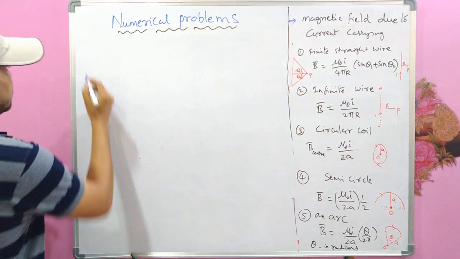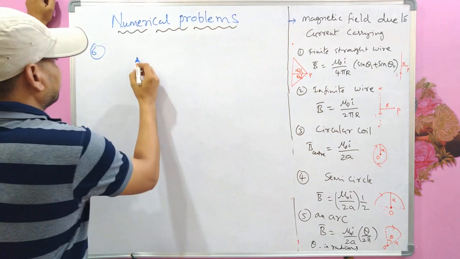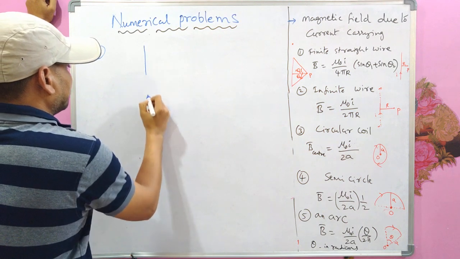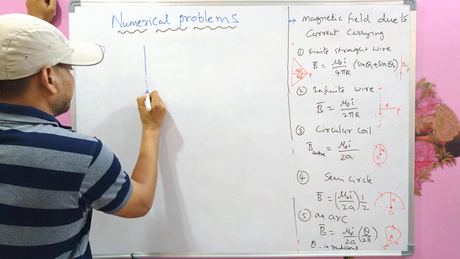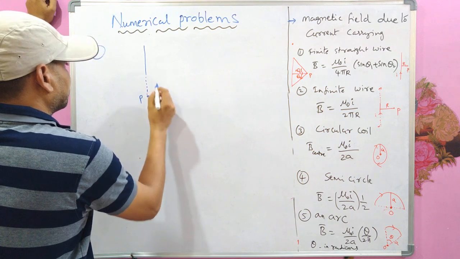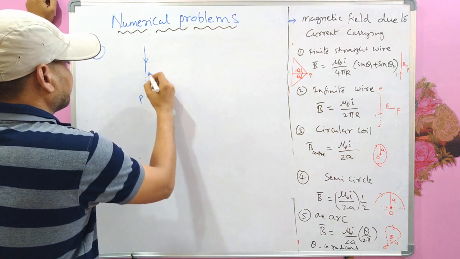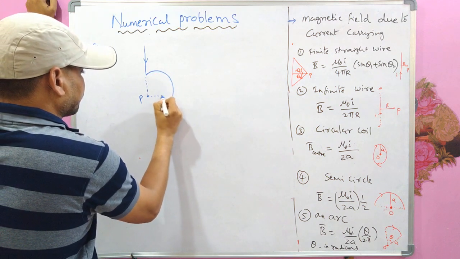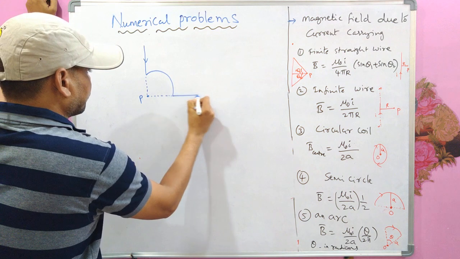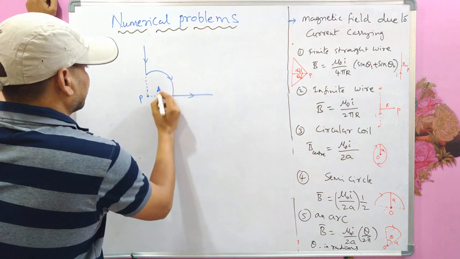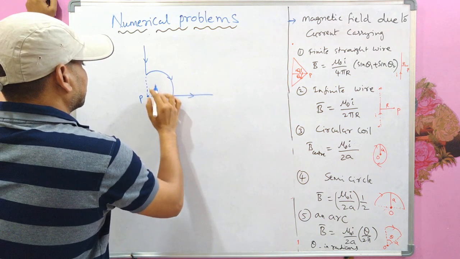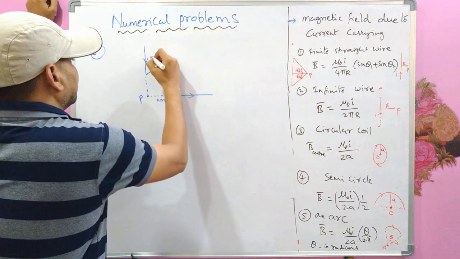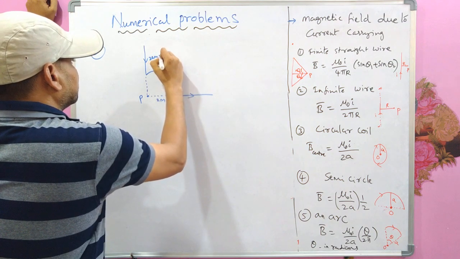Number 6, magnetic field at this point P. This radius you can take as 2 meters and some 2 ampere current is passing through it.